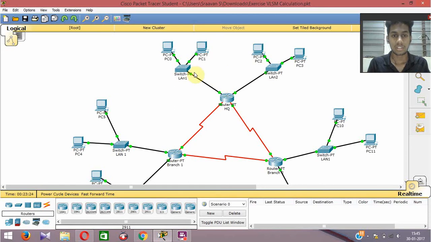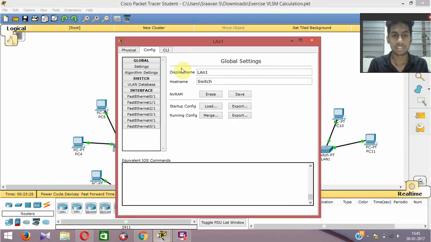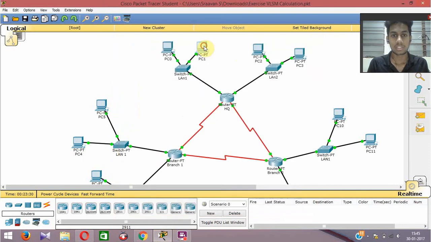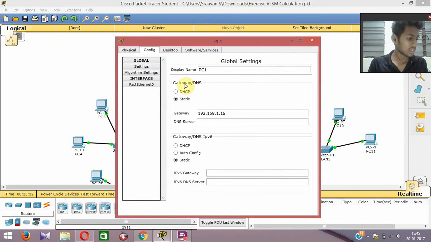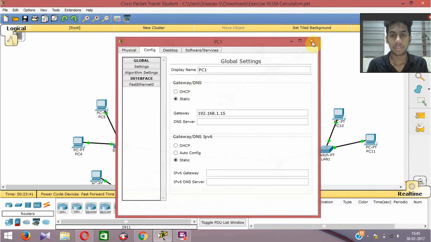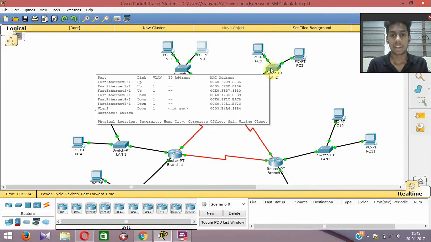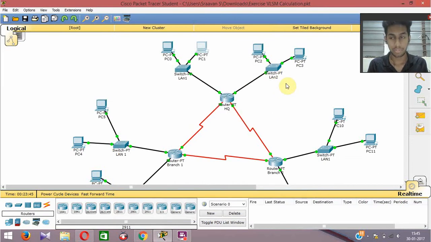Since we have created two networks, this network is 192.168.1.0 till 192.168.1.63. These are the IP addresses allotted for LAN 1, and 192.168.1.64 till 1.127 are the IP addresses for LAN 2 in the headquarters.